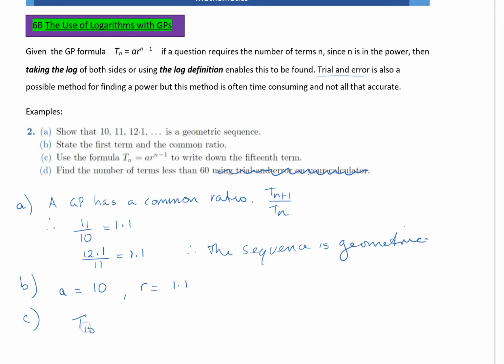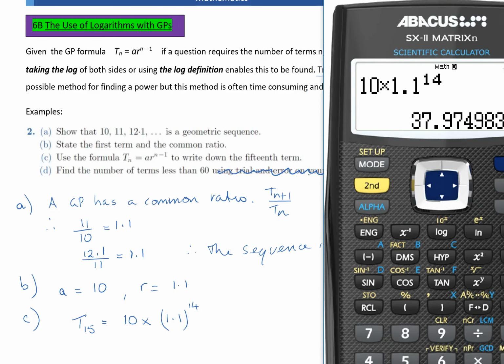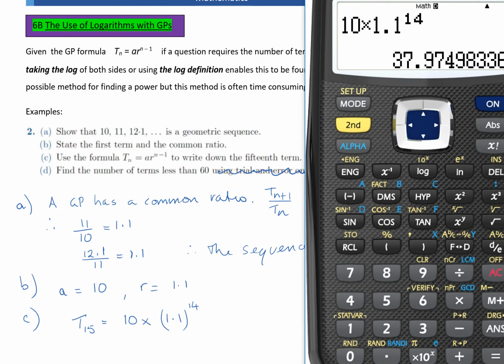So the 15th term is A times R, which is 1.1, to the n minus 1, which is 14. And as you can see there, that's 37.9749, etc. I'll just write it to 2dp, 37.97.